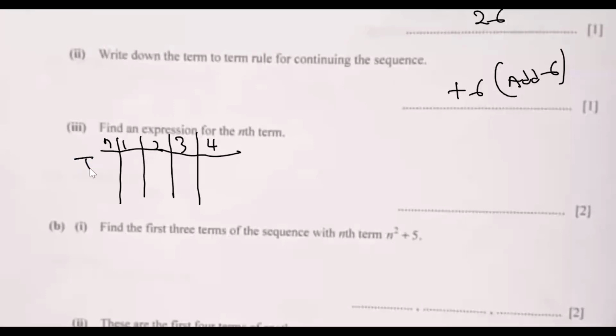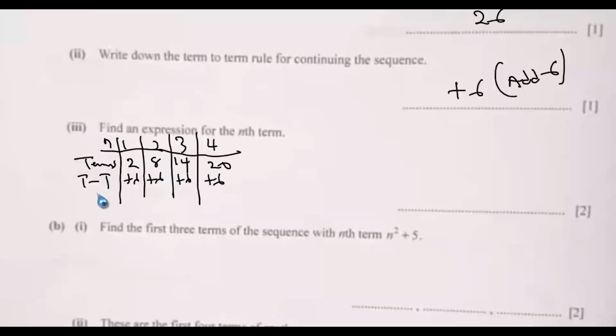Okay, so the first one there is 2, we have 8, we have 14, we have 20. Okay, so from here we know that the term to term rule is add 6, add 6, add 6, add 6.